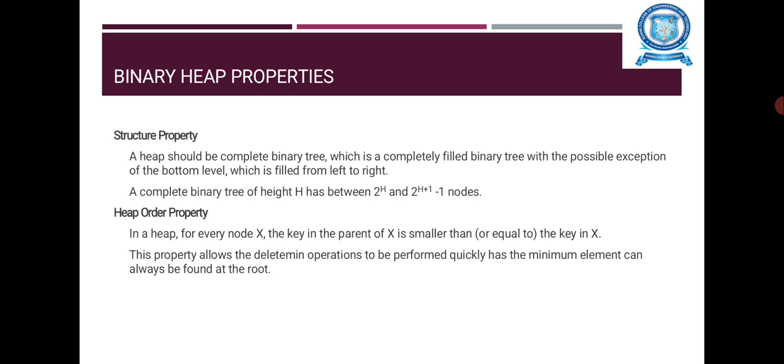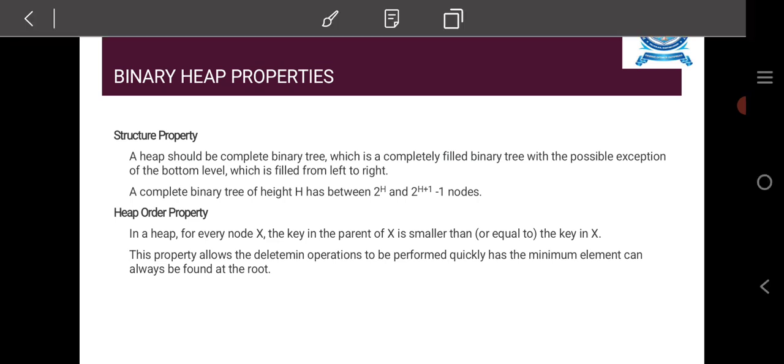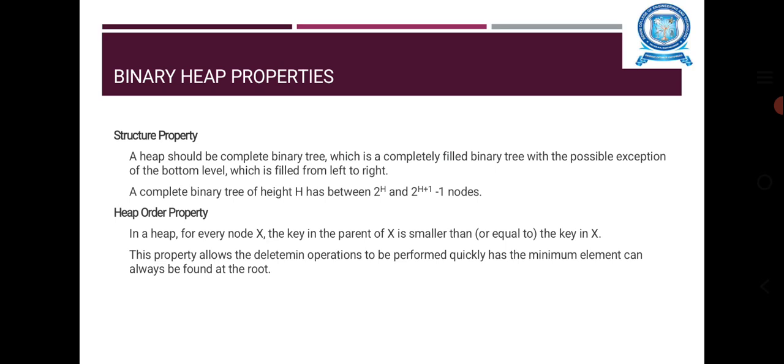A complete binary tree of height h has between 2 power h and 2 power h plus 1 minus 1 nodes. The next one is the heap order property. In a heap, for every node x, the key in the parent of x is smaller than the key in x. The heap order property has two types: the maximum heap and the minimum heap.